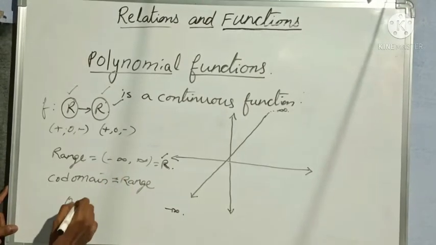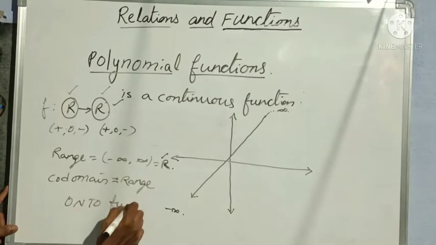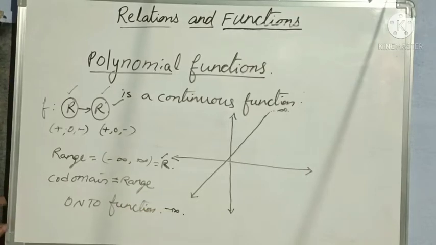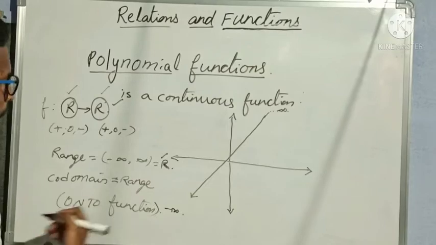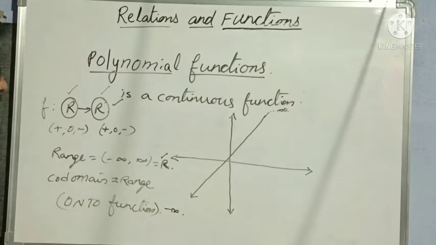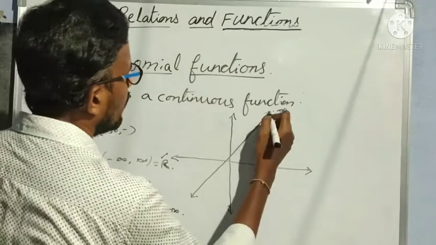Then such a function is called an onto function. Already we have discussed this also. So a linear polynomial is always an onto function.